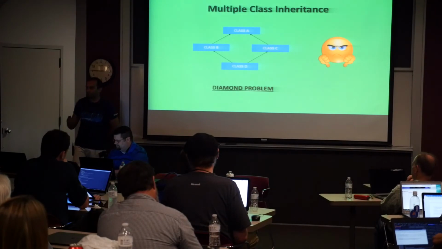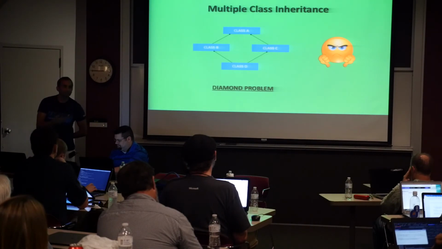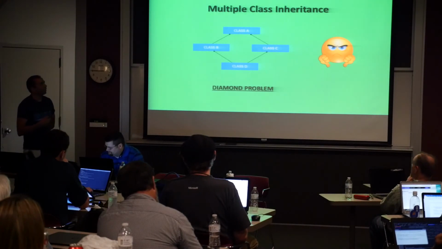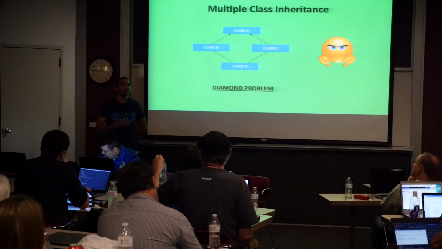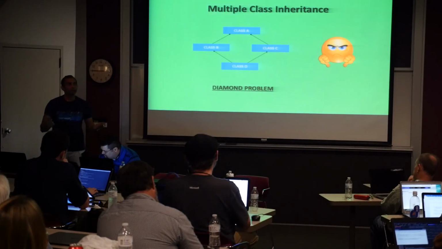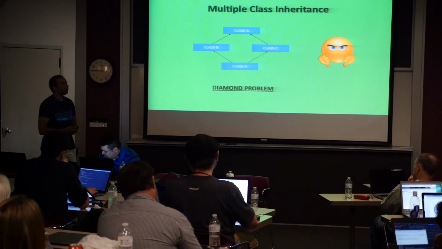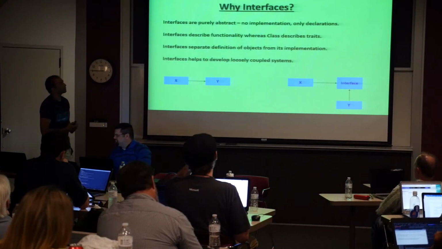So the way in which we can get around is multiple interface inheritance. So you cannot inherit from multiple classes, but you can inherit from multiple interfaces, right? That's the crux and how we go ahead writing our code. Again, why interfaces? I'll just touch base.